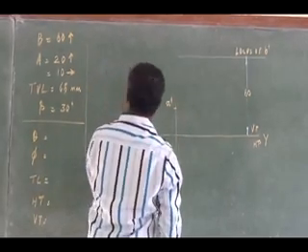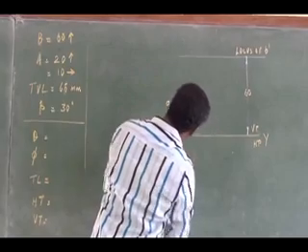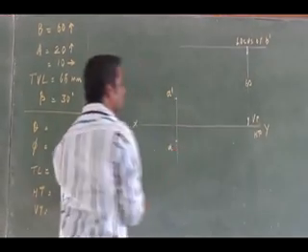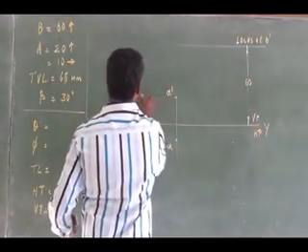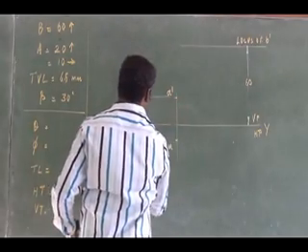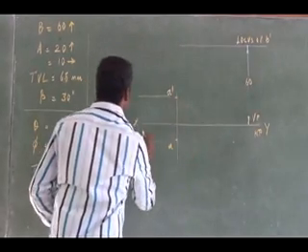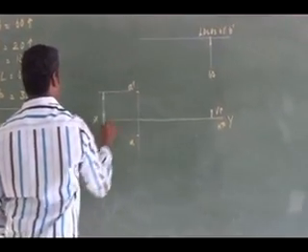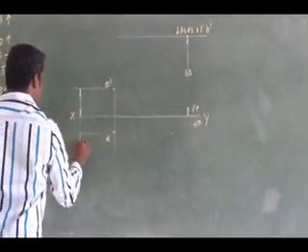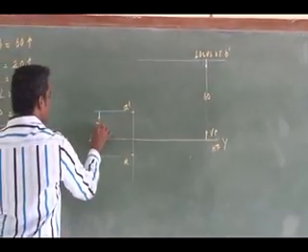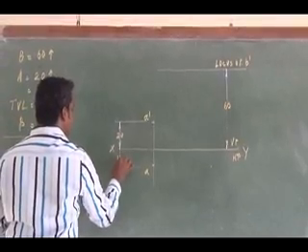And 10 mm in front of VP, it is A. So there is nothing but 20 mm and 10 mm. This is 20 mm. This is 10 mm.